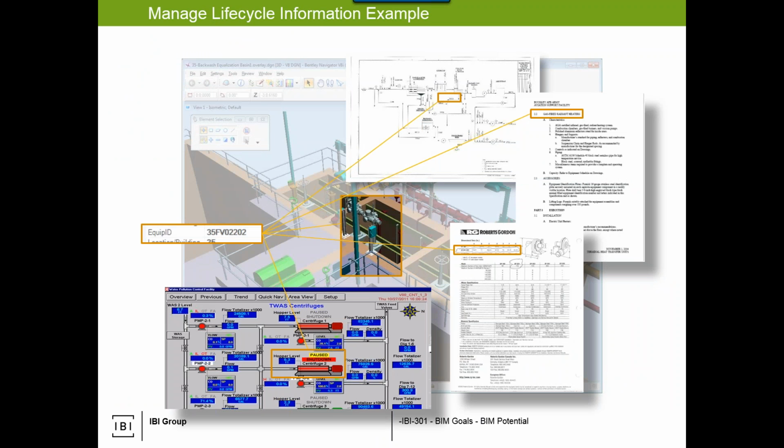We have life cycle information. So when I show this, I'll say, yes, I place something in the model. And when it's life cycle or focusing more on asset management, we want to represent the physical characteristics of the item. So what's its Cartesian coordinates?